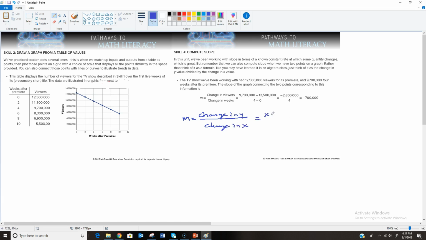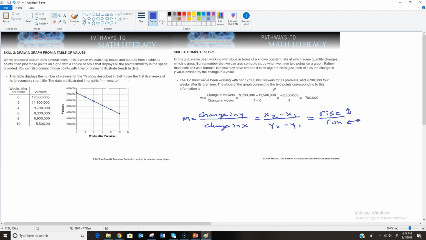Sometimes you'll see it x2 minus x1 over y2 minus y1, or more kind of a shorthand way of saying it is it's the rise over the run. In other words, how much does it go up and down compared to how much it goes left and right from one point to another.